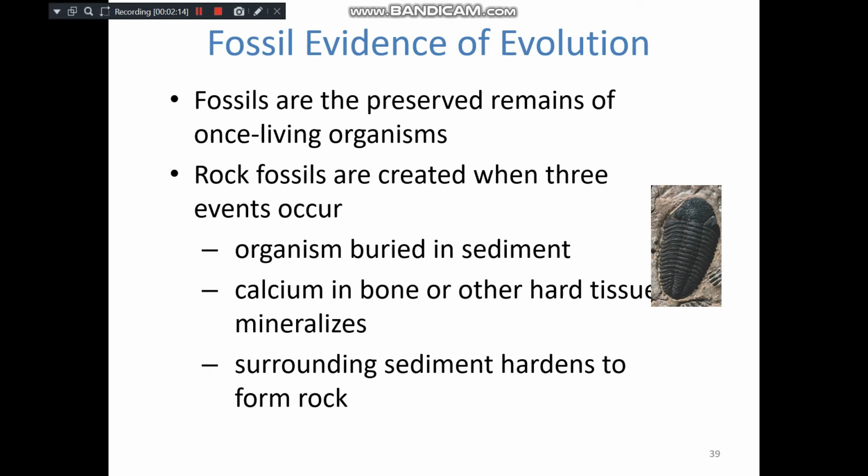Some of the bones, which are rich in calcium and other hard tissues, are replaced by the minerals of the sediments, and then the surrounding sediment hardens to form a rock. So this is one small photograph of a fossil of a bird-like thing which has been solidified or hardened.